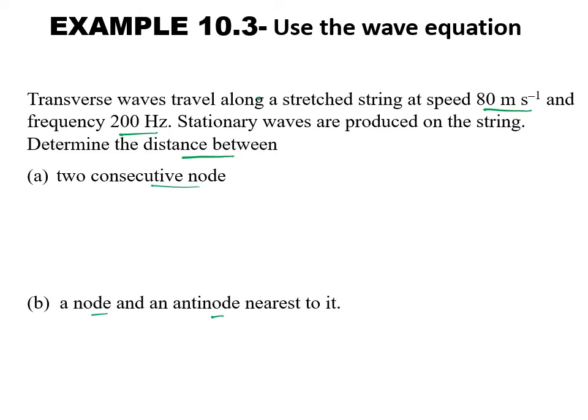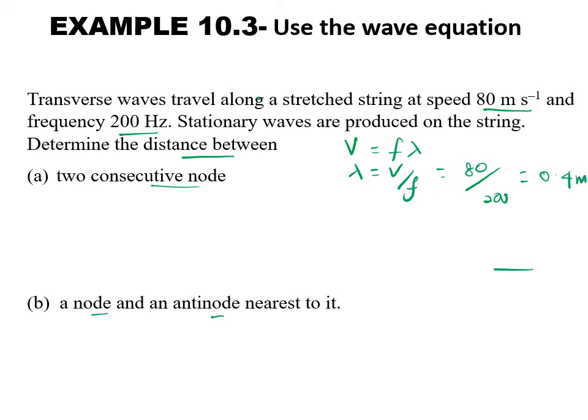Based on the clues given, speed and frequency, we can find the lambda. Since v equal to f lambda, lambda equal to v over f, so 80 divided by 200 Hertz, you will get 0.4 meters.